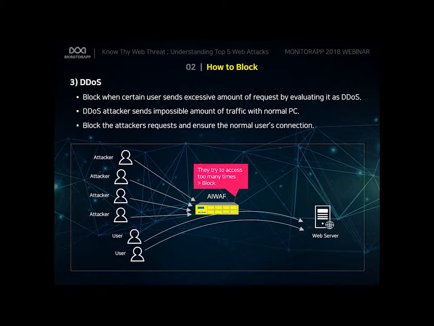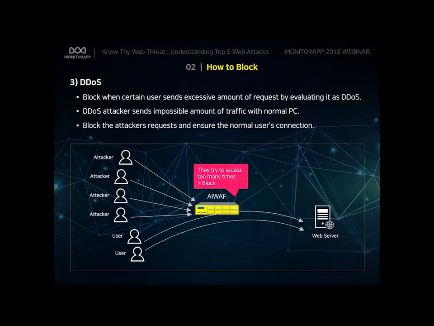Blocking DDoS can be quite simple. DDoS attempts to deplete the resource, so if you block that access, you can block the attack. When controlling the attacks, you will need to use WAF to detect whether a certain request is excessive or not. A normal PC can't cause as massive a traffic amount as DDoS.